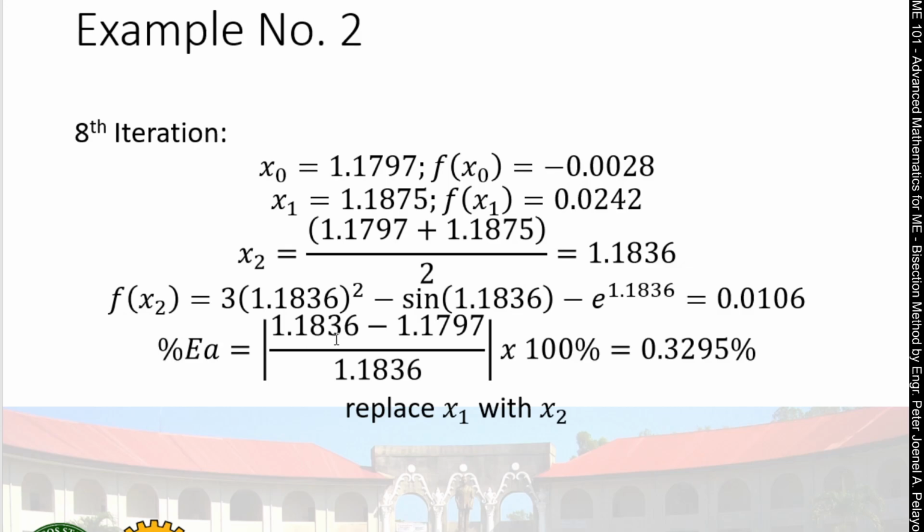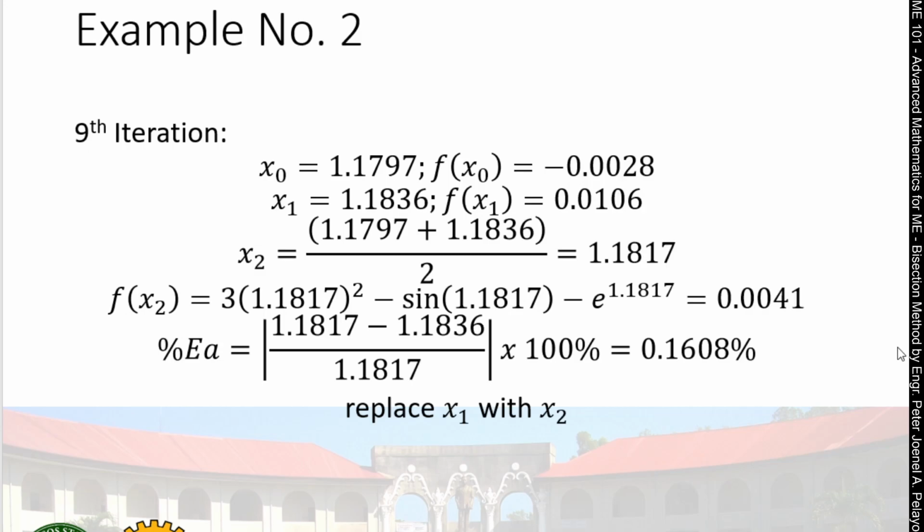And then 1.1836 minus 1.1797 over 1.1836 times 100% is 0.3295%. So, ito, absolute value siya. Paulit-ulit yung process hanggang ito is less than 0.01% na. So, replace x1 with x2 kasi positive yung f of x2 natin.